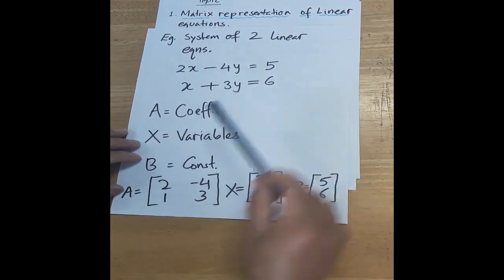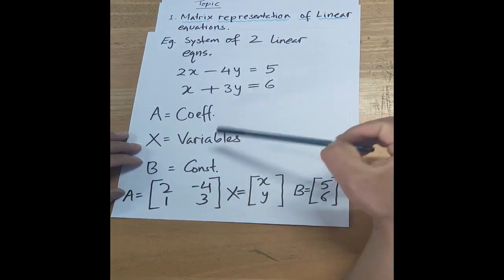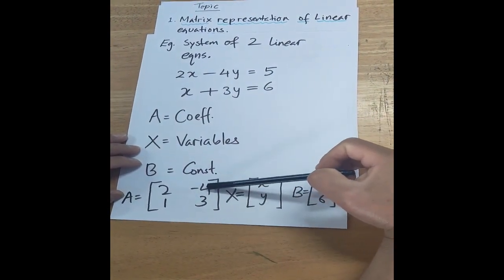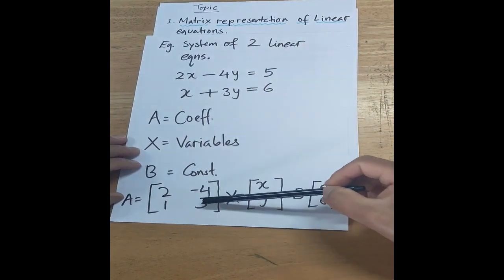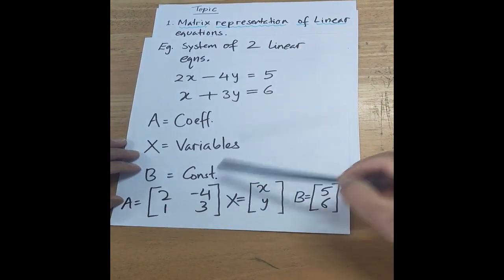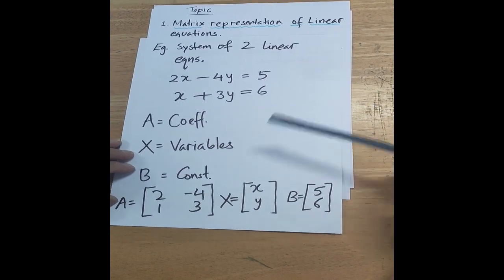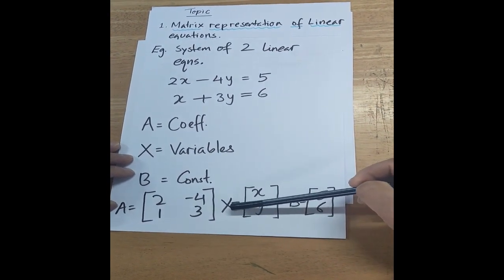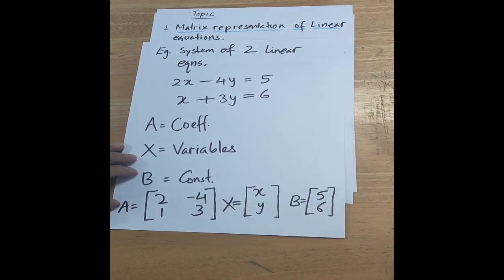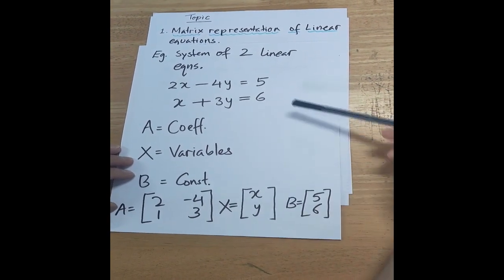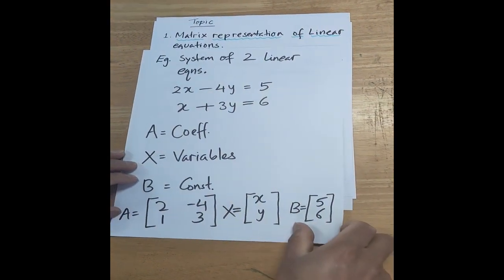Matrix A takes the coefficients of the linear equations, 2 and minus 4 from the first equation and 1 and 3 from the second equation. So this makes up our coefficient matrix A. Our second matrix is X, which gives the variables involved in the equations, and the matrix B is our constants, 5 and 6.